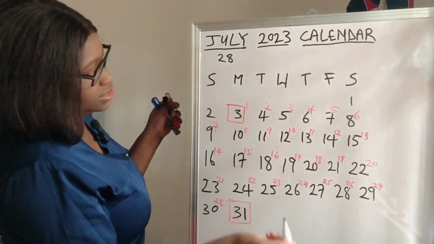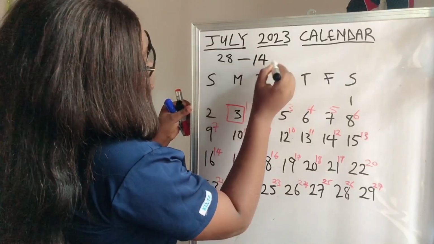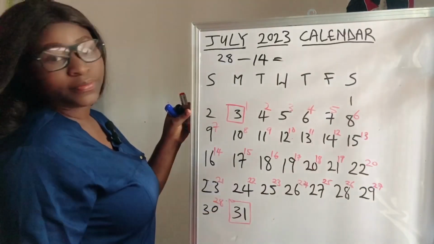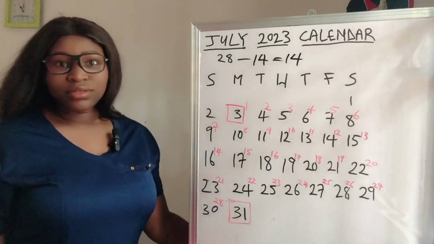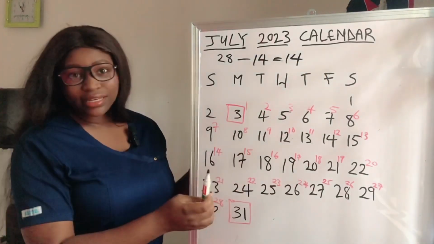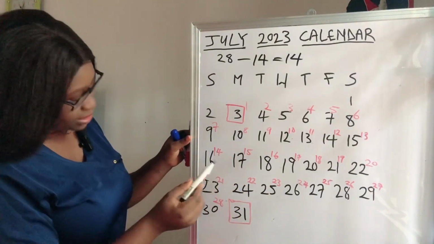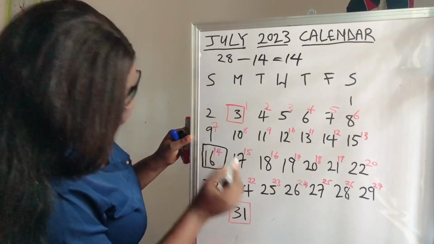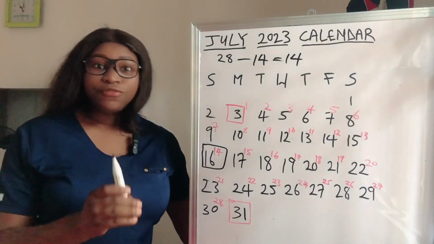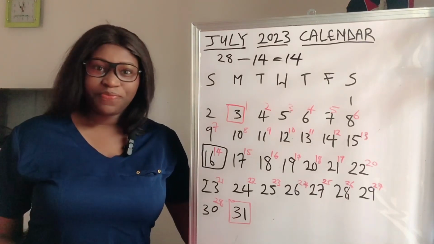So 28 minus 14. What do you get? That's 14. So her ovulation day is day 14 of that cycle.